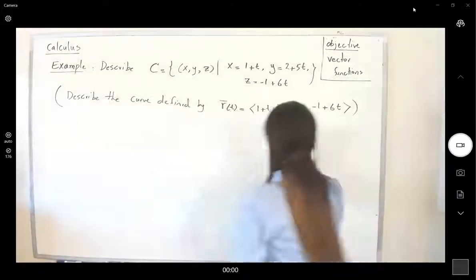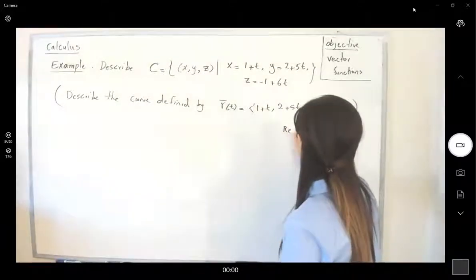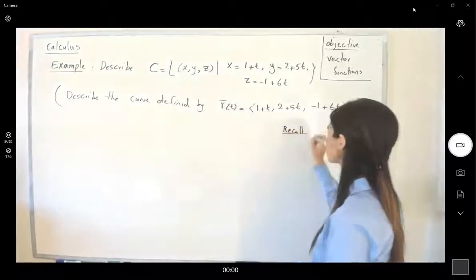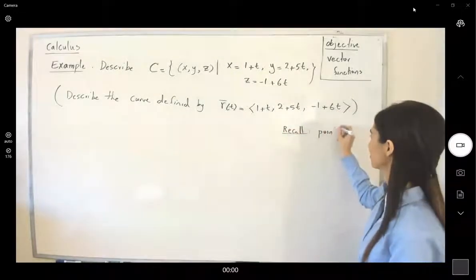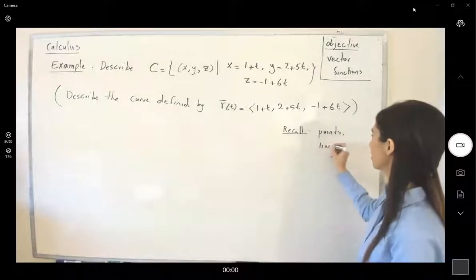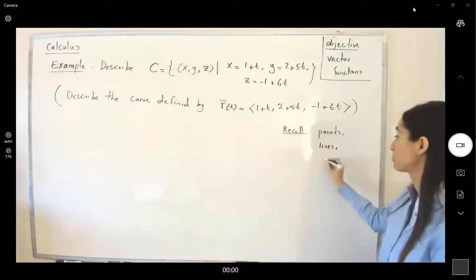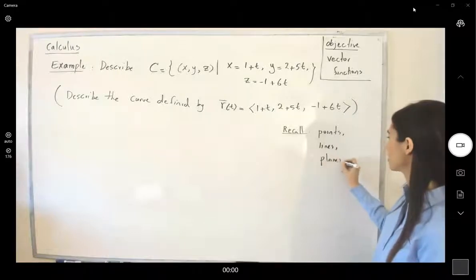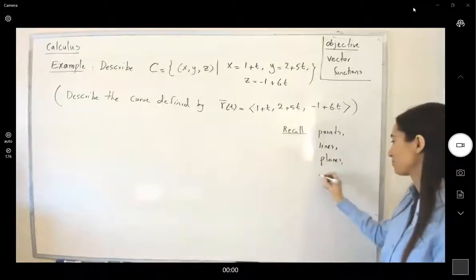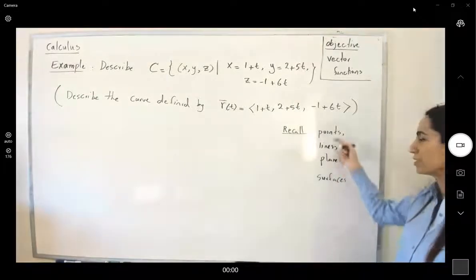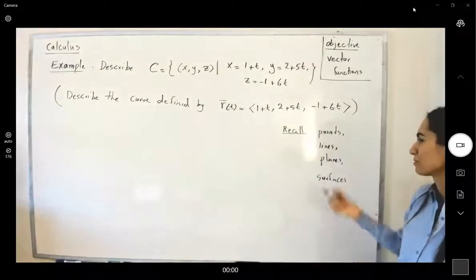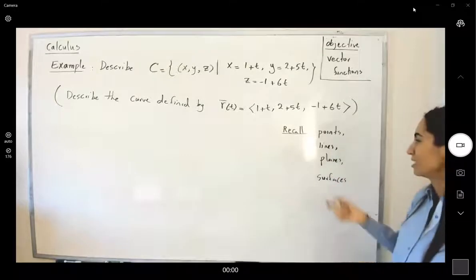Recall that in the previous chapter, we started talking about points. Then we talked about lines, then planes, then surfaces. Points, just points. What's the equation of a line?